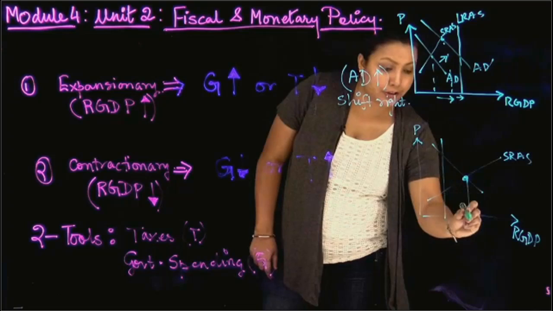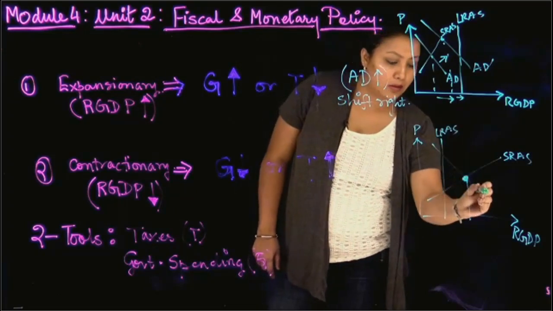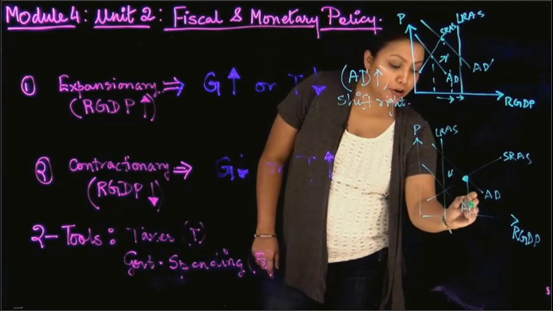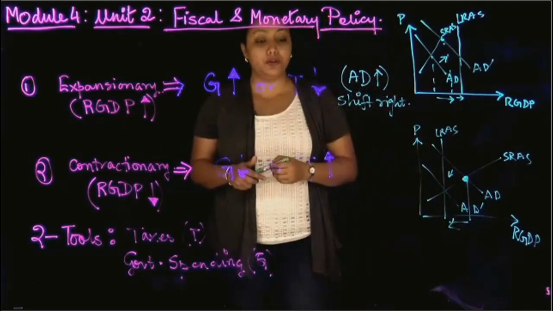You have an inflationary gap, and in this case the aggregate demand curve would shift leftward, and you can see as a result of that the real GDP would go down.